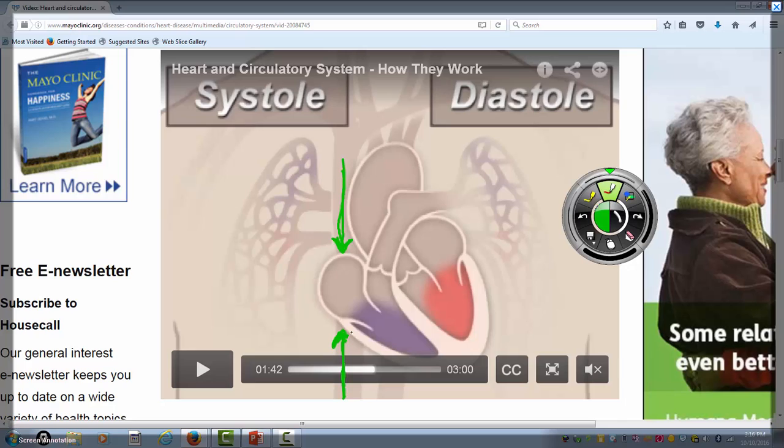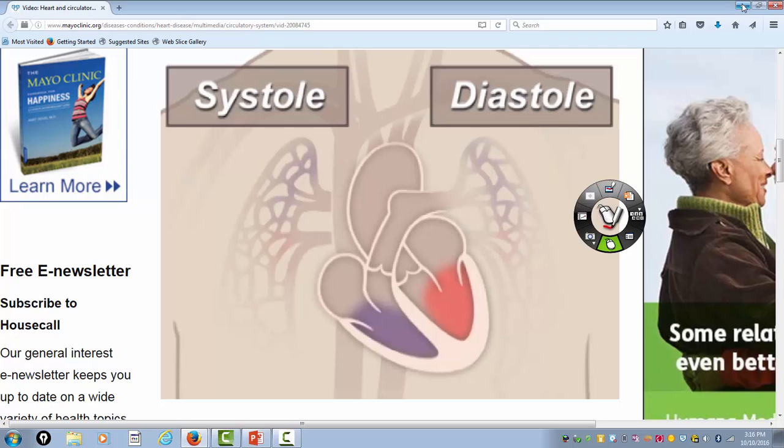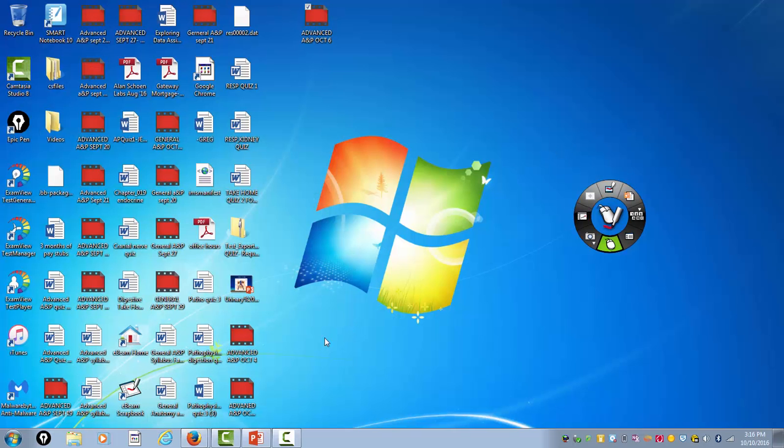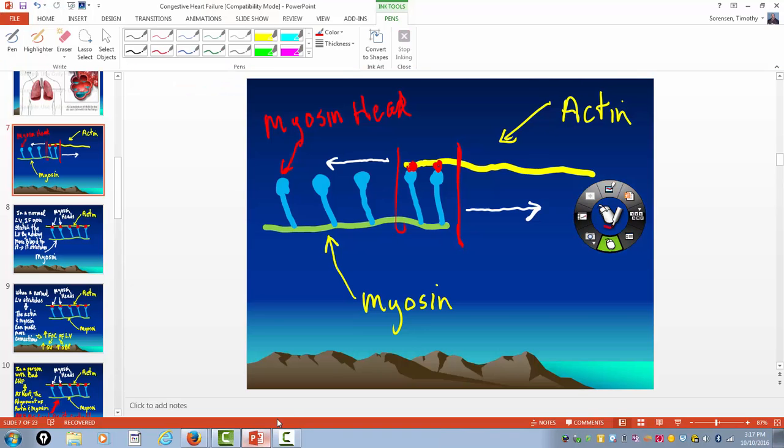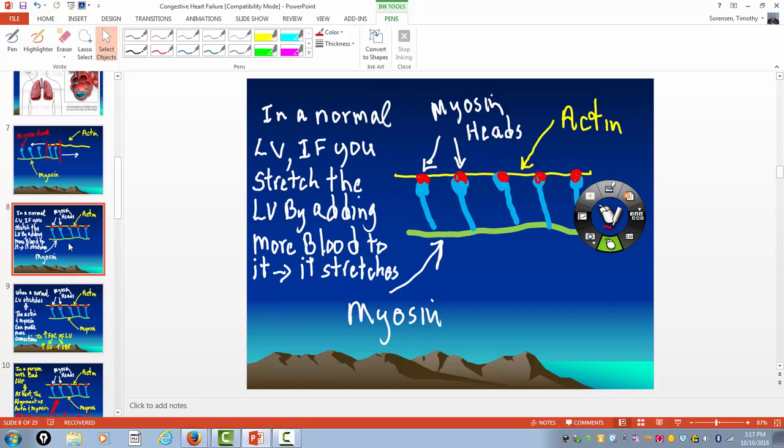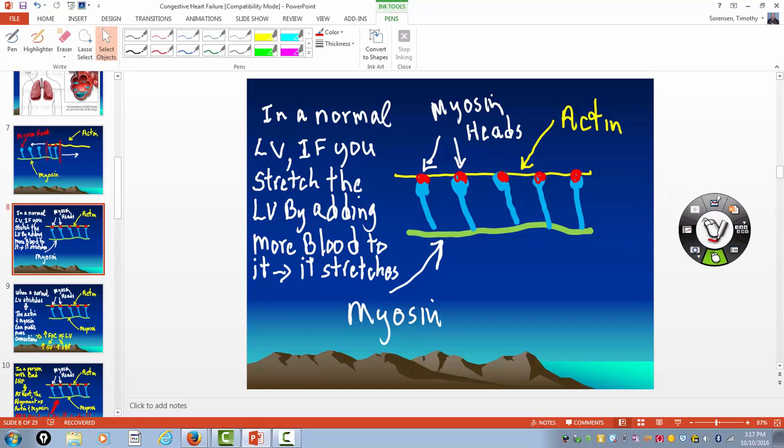So if there's more blood in the right side of the heart, the right side of the heart is going to contract, and it's going to contract harder because the heart muscle itself is going to stretch.